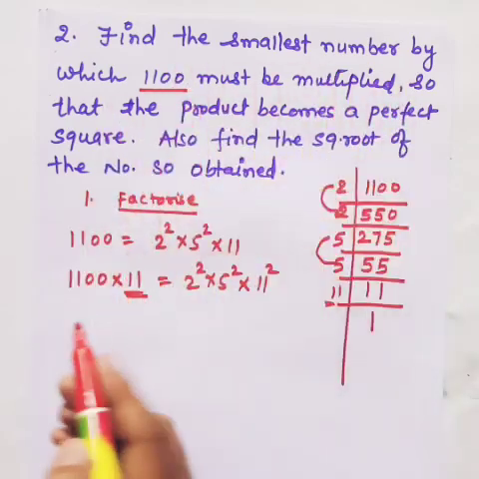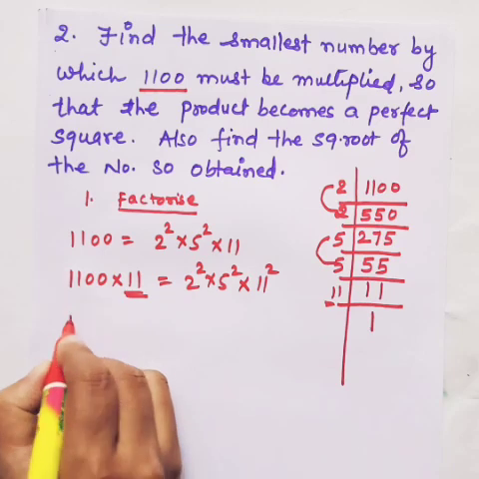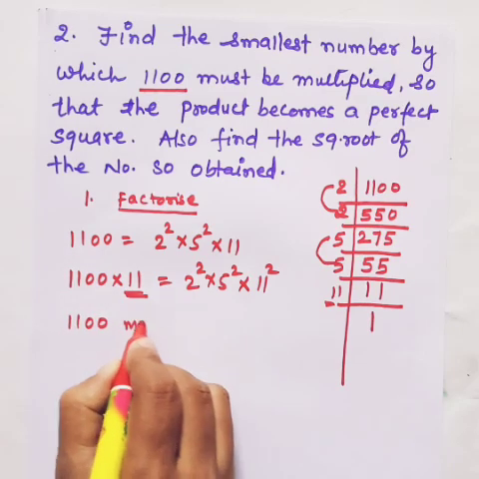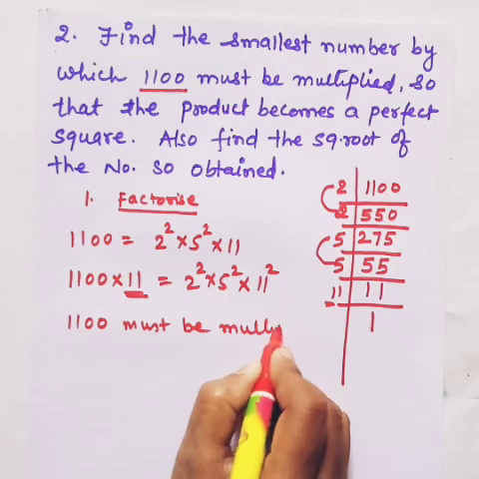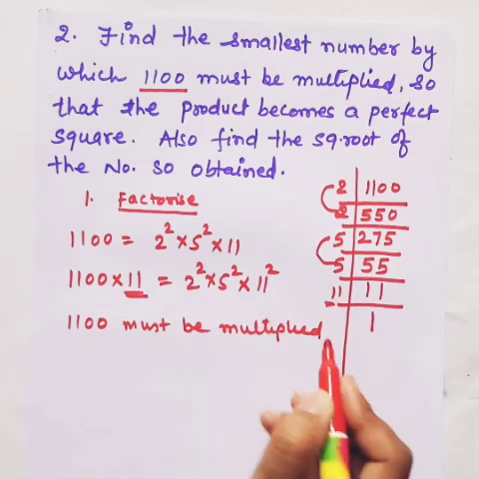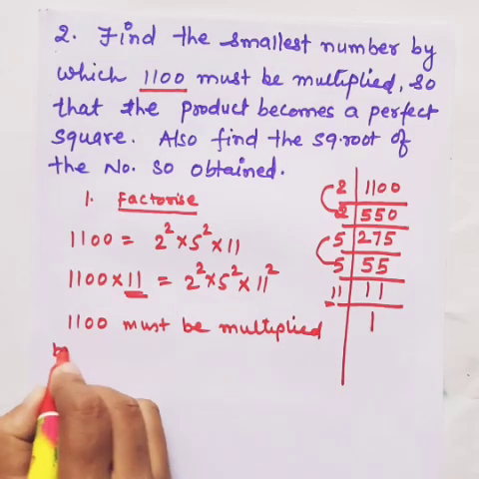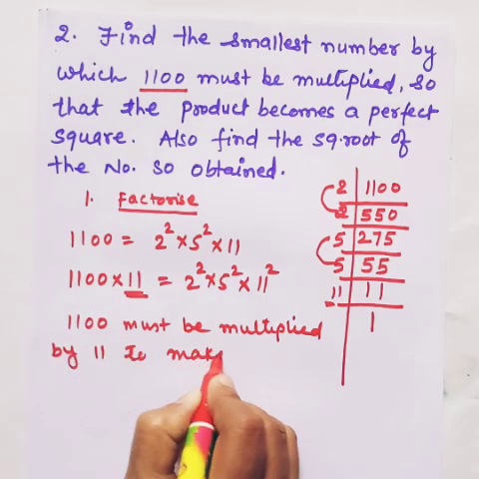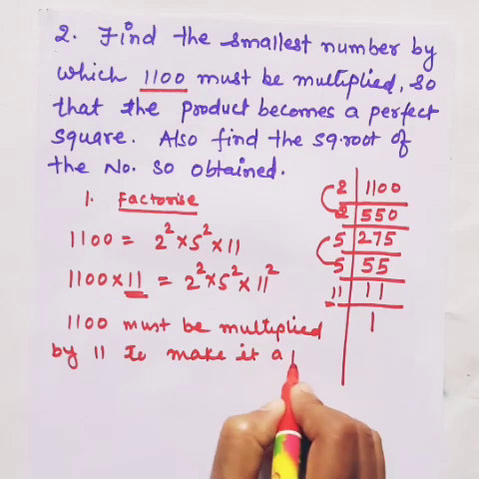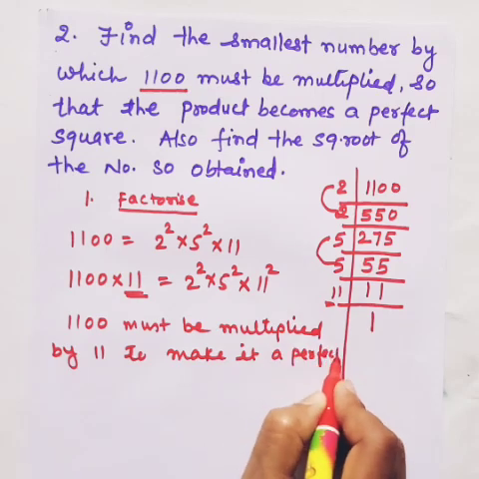So what is your answer for this? Smallest number by which 1100 must be multiplied: 1100 must be multiplied by 11 to make it a perfect square. Okay.